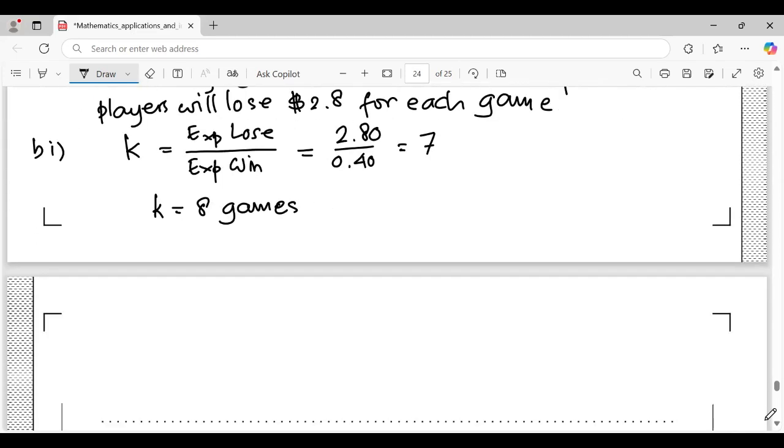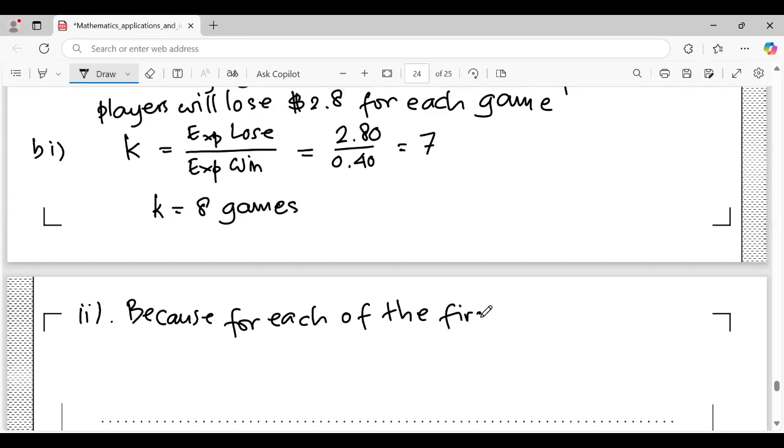Because for each of the first 7 games, the expectation of the X values is less than zero.